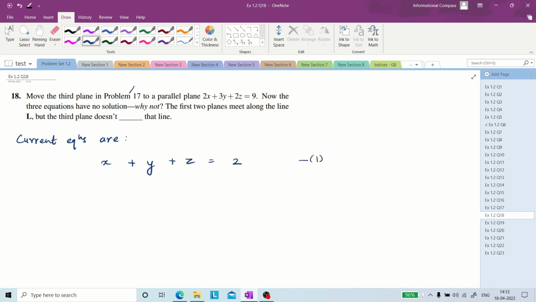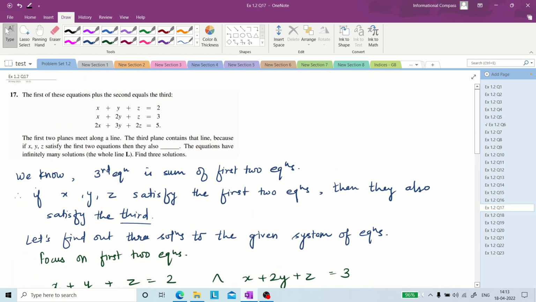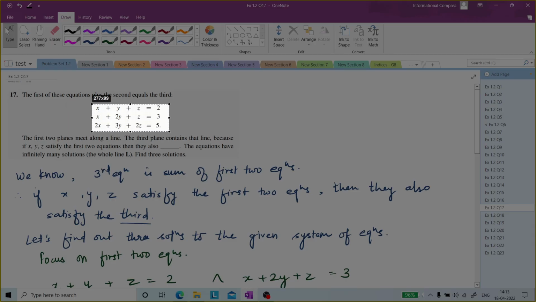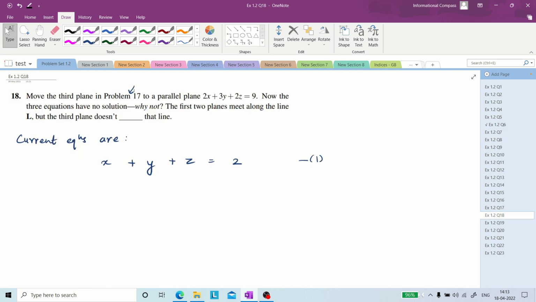We are considering problem number 17. See, these are the equations. So what shall I do? I'll take the snapshot. That would be better, instead of writing this whole part.